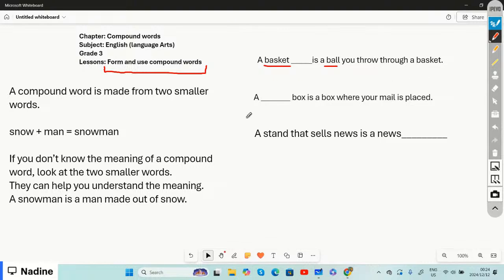A what? A basket what? A basket what is a ball you throw through a basket? What is our compound word that we need to form in the specific sentence? So we need to find the compound word of these words that we are creating within our sentence.